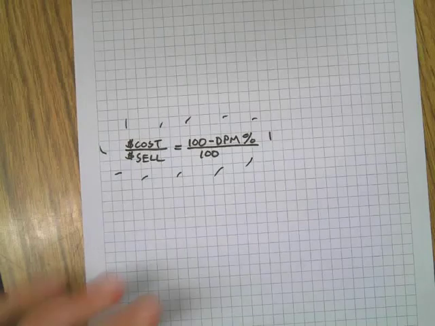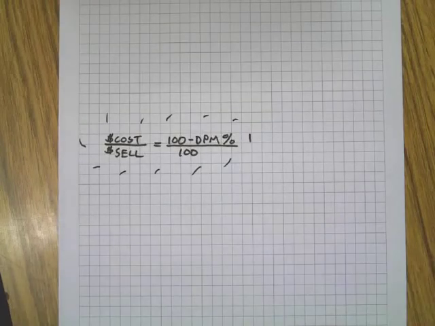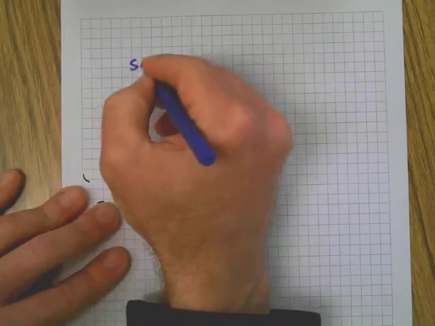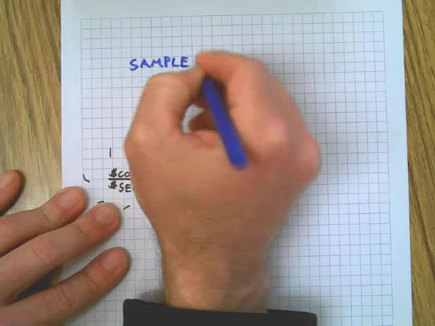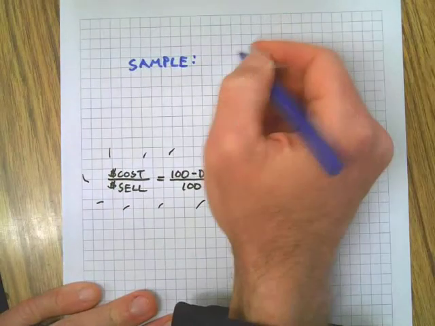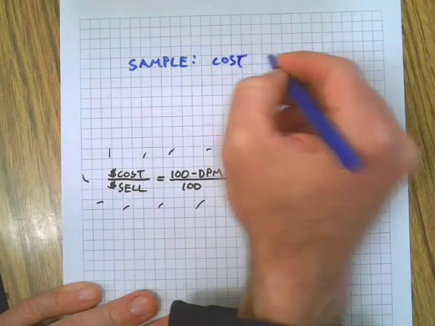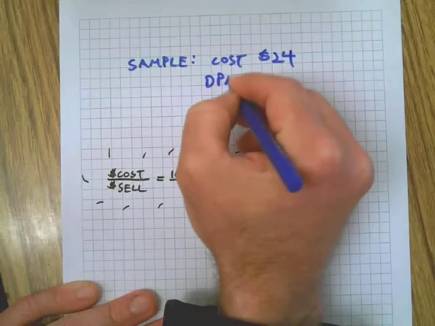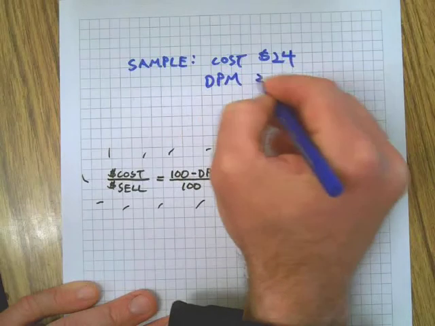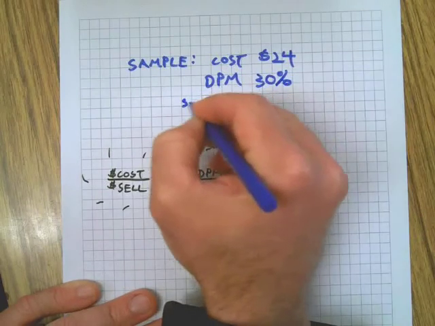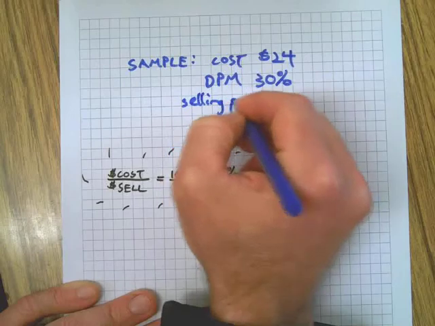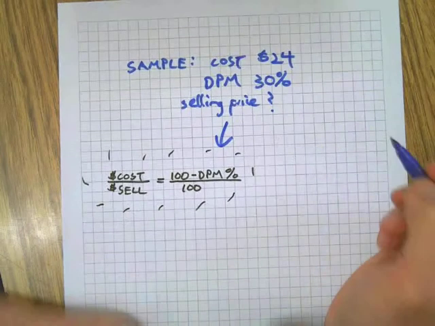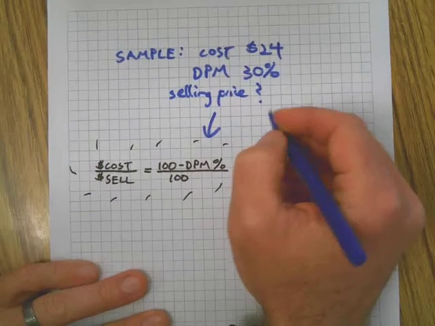All right, so let's test it out. It's one thing to come up with something like that, and it's another thing to have it actually work. So here's a sample problem. Okay, if the cost is $24, and we have a desired profit margin of 30%, what is the selling price? Okay, we're going to use this because we're checking this to make sure it works, right?